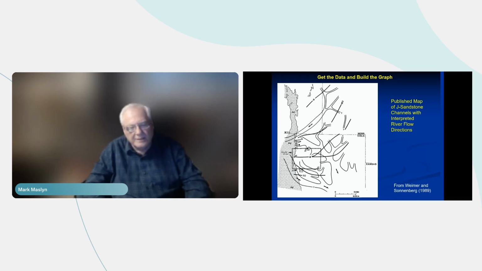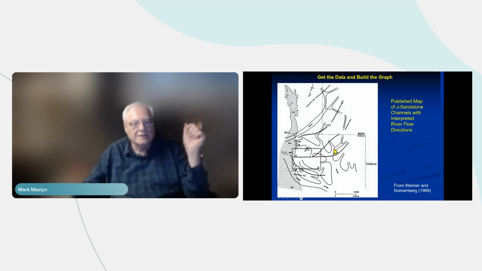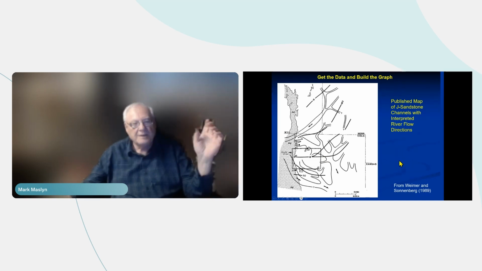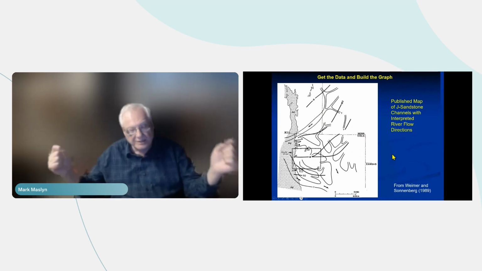And what ended up happening from these maps they made is they provided what I was looking for, what I needed to do the modeling. Wherever I had a river junction was where a node went. So there'd be one here, one here, one here, etc. And these two people actually also interpreted the river flow networks. So I knew which direction in a directed graph the particular nodes linked up in.